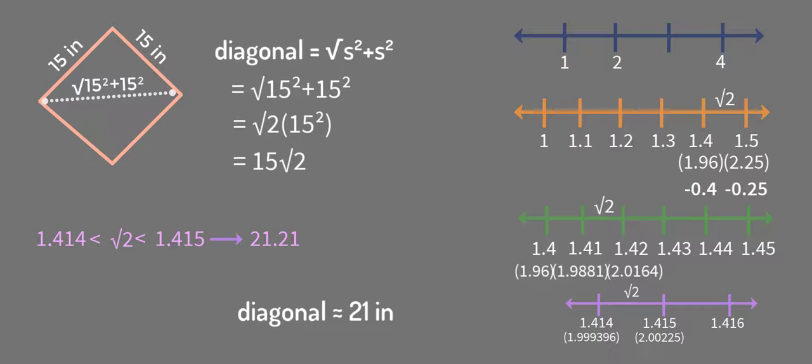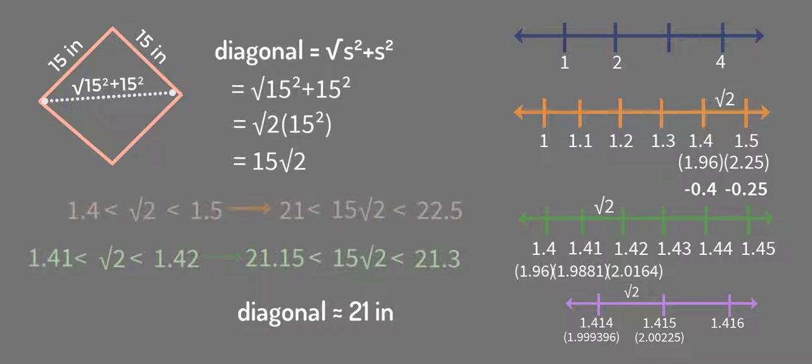So 21.21 is less than 15 times the square root of 2, which is less than 1.415 times 15, which is 21.225. Now both of these round down to 21. So it's verified, with what we pretty much already knew from the hundredths estimation, that the diagonal to the nearest half inch is 21 inches.